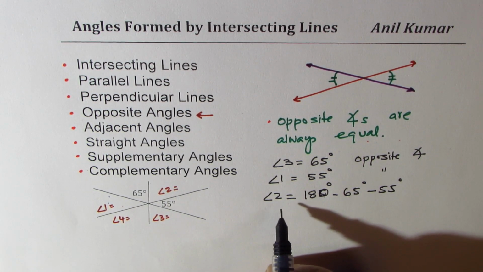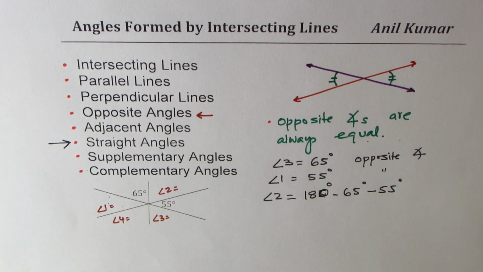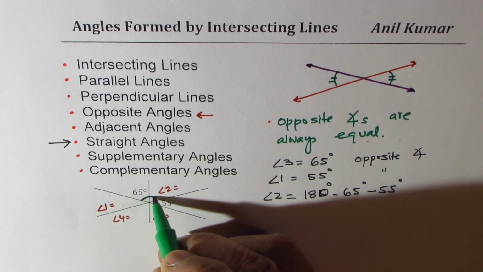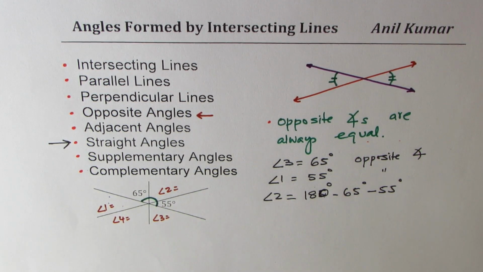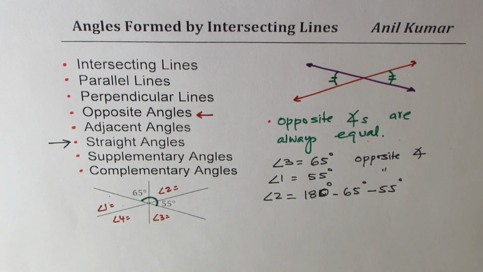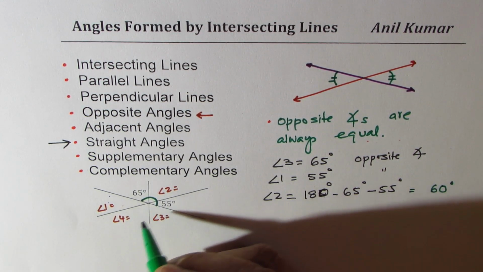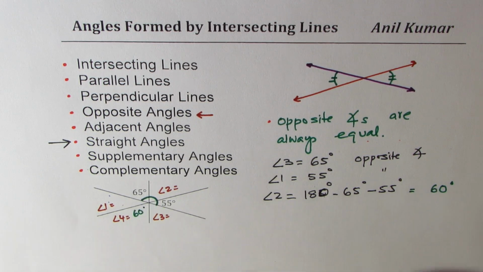Since they form a straight angle, right? So this is a straight line. So this forms 180 degrees. And therefore, angle 2 is 180 minus 65 minus 55, which is equal to 60 degrees, correct? So we get angle 2 as 60 degrees.